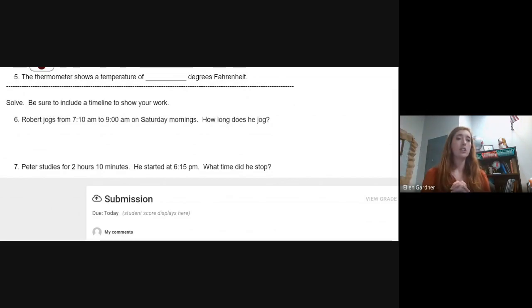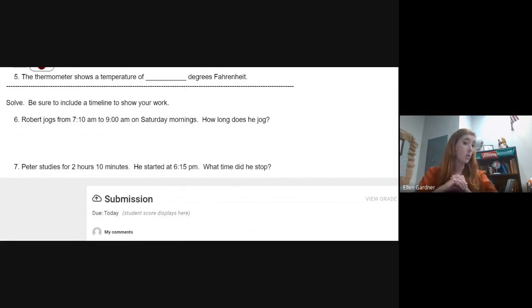Okay, number 6 says, Robert jogs from 7:10 a.m. to 9 o'clock a.m. on Saturday mornings. How long does he jog? This is basically an elapsed time question. It tells you when the start time is and when the end time is. So how much time does he jog for? How long was the jog?